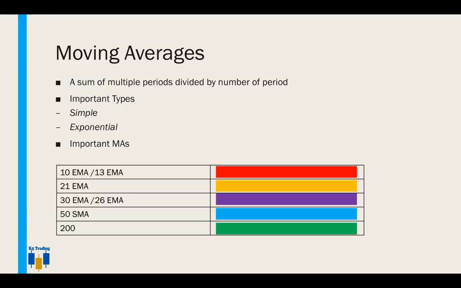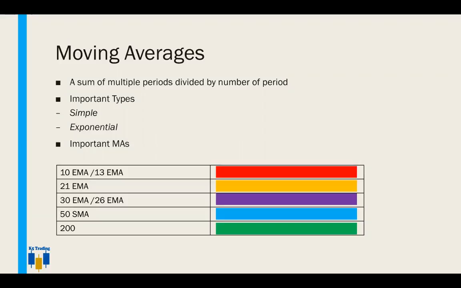I normally use 10, 13, 21, 30, 26, 50, and 200 moving averages. The EMA stands for exponential moving average, and SMA stands for simple moving average.